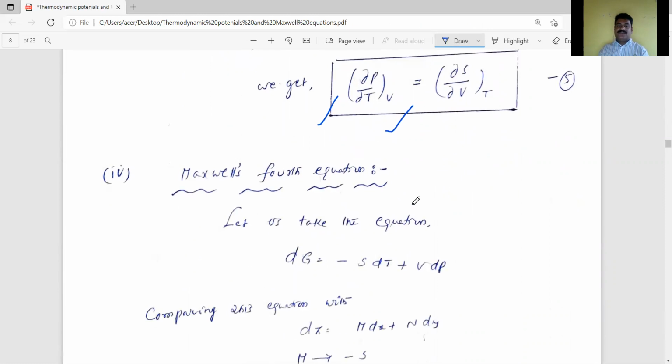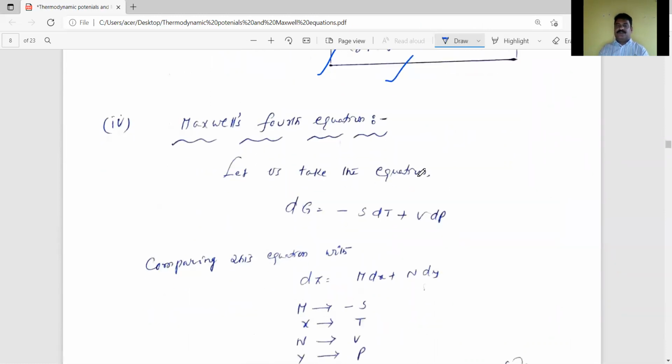Okay, now let us move to find out Maxwell's fourth equation. So in order to find out Maxwell's fourth equation, again you go for the relation. What is that relation? Gibbs relation. So the thermodynamic function, potential Gibbs free energy can be defined with the relation dz equal to minus sdt plus vdp.